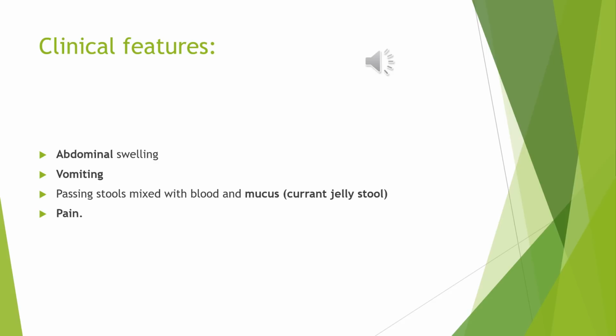So when you see these symptoms in a kid under the age of 2, you should have a high index of suspicion for intussusception, because early identification of the case and early management will save the patient.